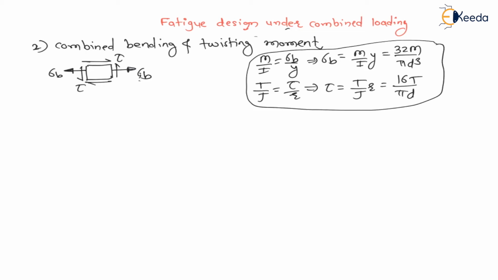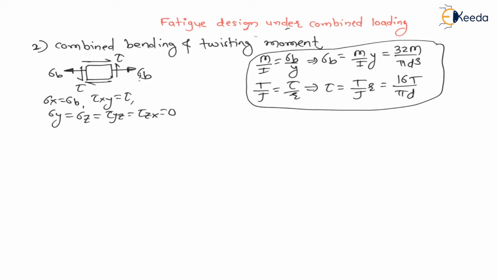Now here in this equation can we say sigma x is equal to sigma b and tau xy is equal to tau. But here sigma y is 0, sigma z is 0, tau yz is 0, as well as tau zx is 0. These all terms are 0.